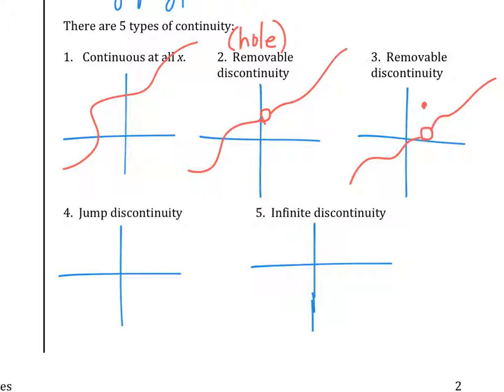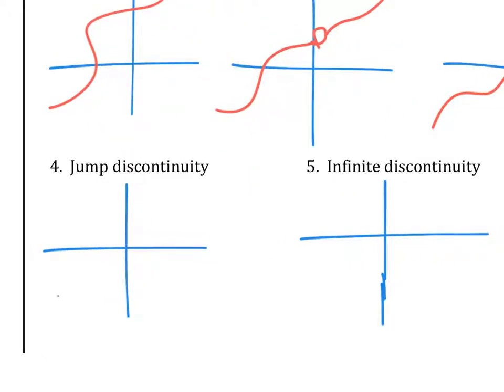Removable means you have a manhole in front of you and then you have to jump over and then continue. And removable with a point to replace is you walk and then you step here and then come back to the original spot. Okay? Jump. Jump is something like this. You have a graph, you jump up to another place, and you continue.